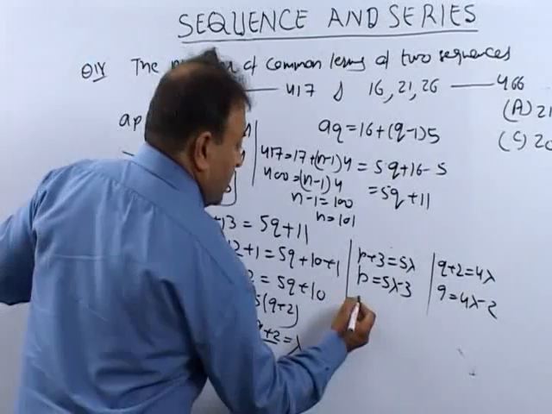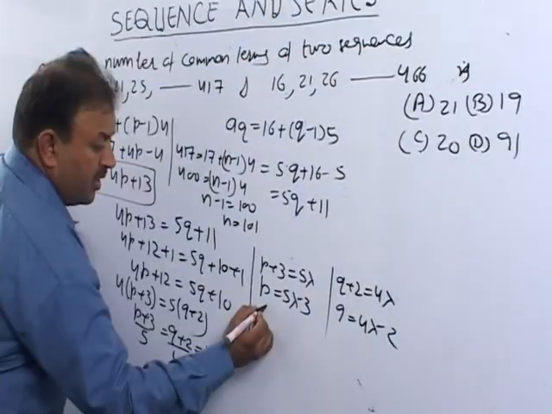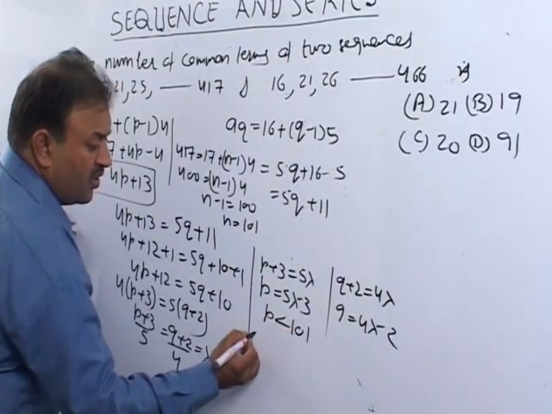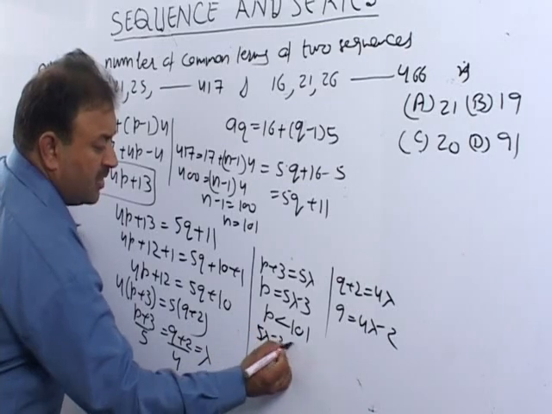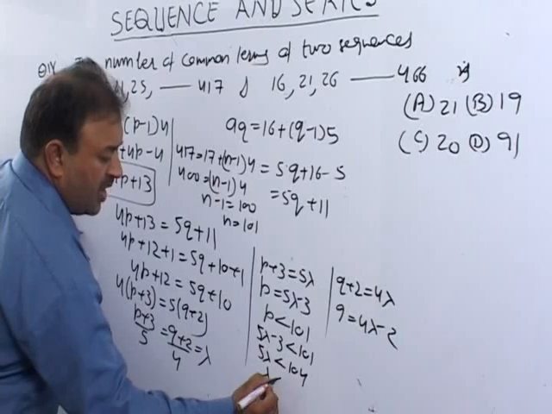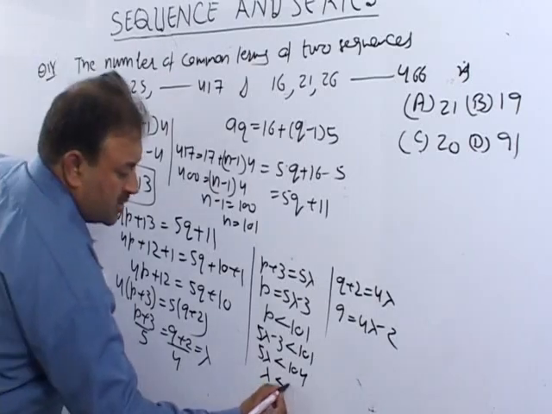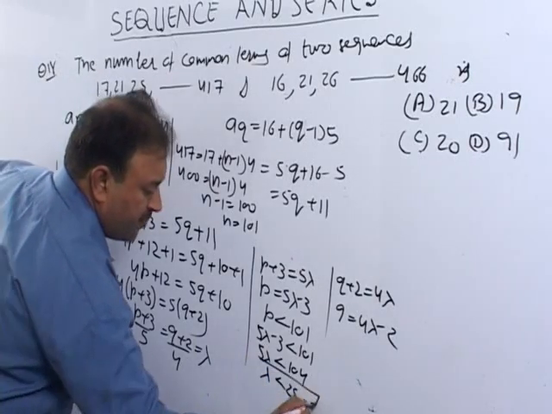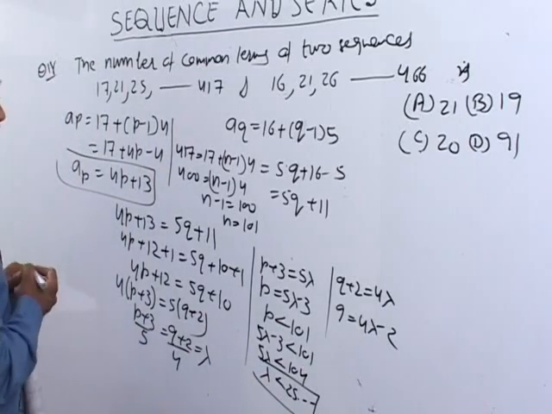The condition p less than or equal to 101 gives 5 lambda minus 3 at most 101, 5 lambda at most 104, lambda at most 20 point something, so lambda is at most 20.